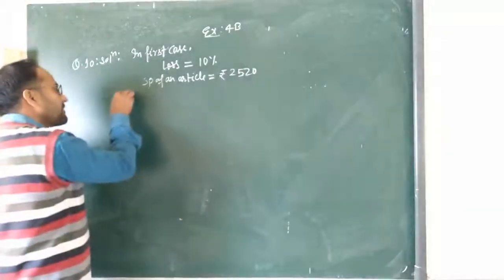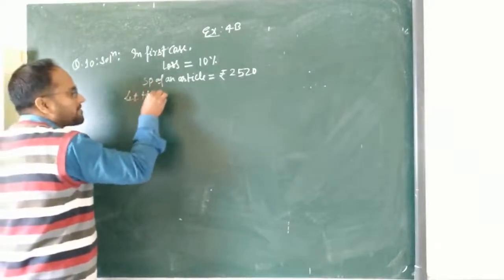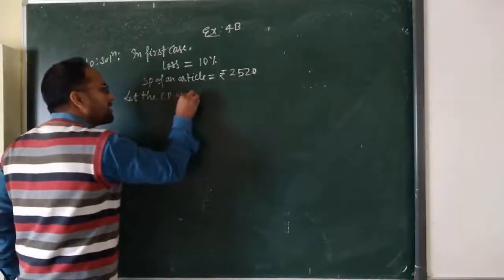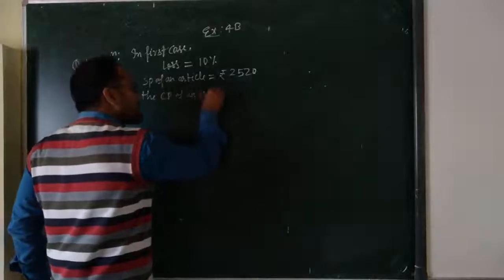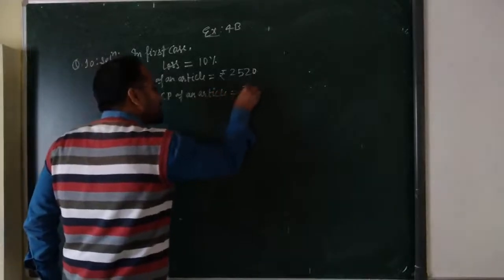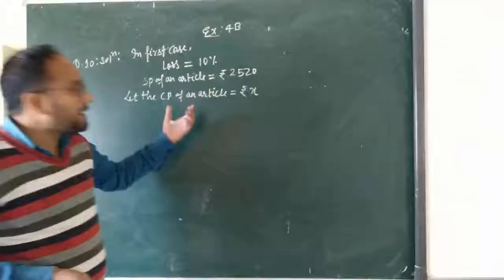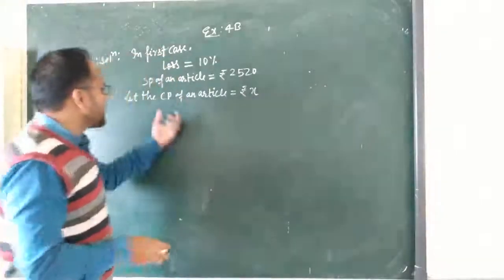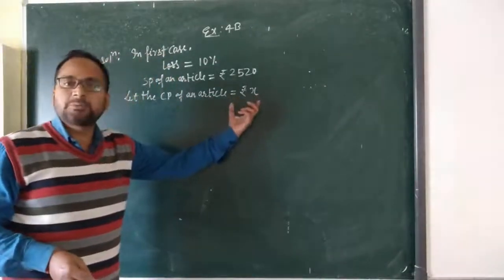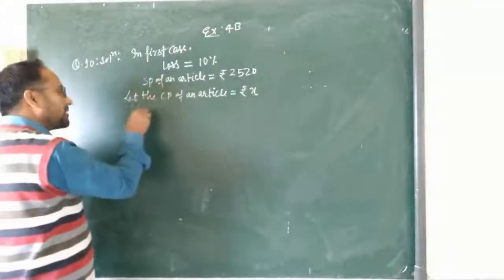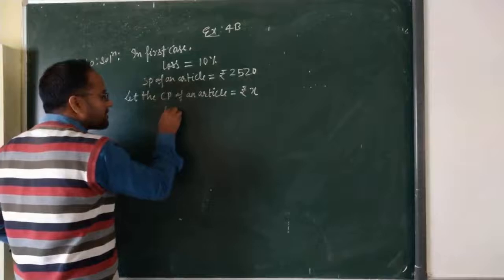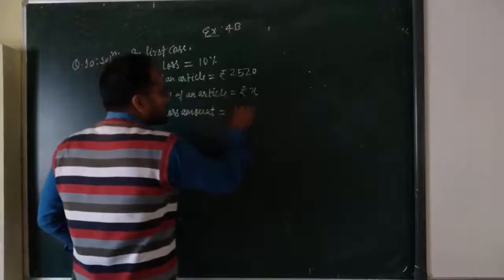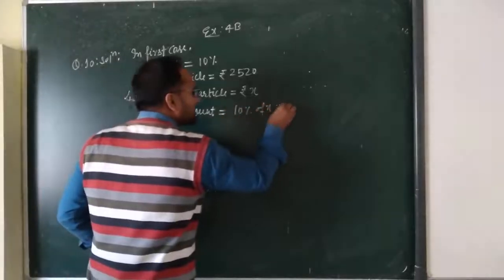Let the cost price of the article be equal to X. If you want to find it directly using the formula, loss percent is equal to 10.